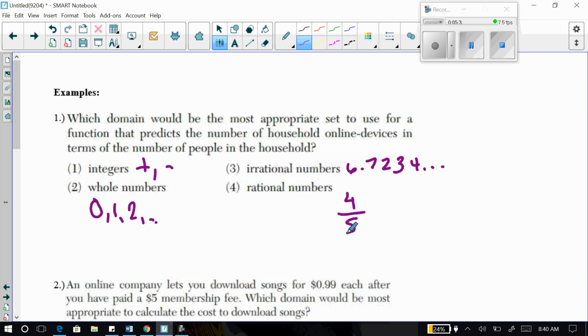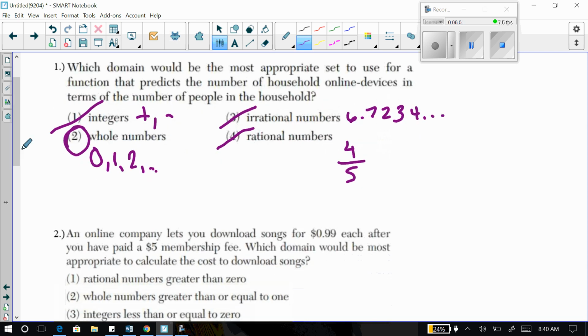So if we're talking about people, you can't have a fraction of a person or a decimal 6.7234 of a person. We can't have negative people in the household, so it has to be whole numbers. We can have 0 people in the household, or 1 person, or 2, or 3, or 4, or 5, but it cannot be negative. So it would be choice 2 for that one.